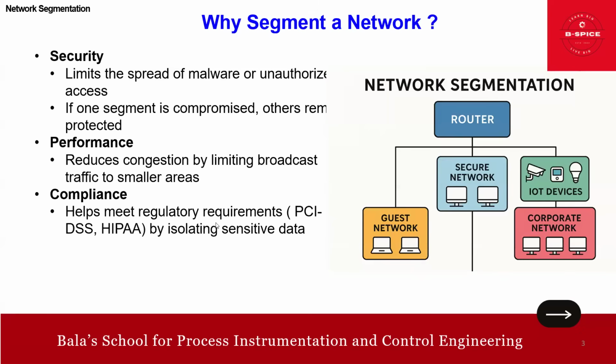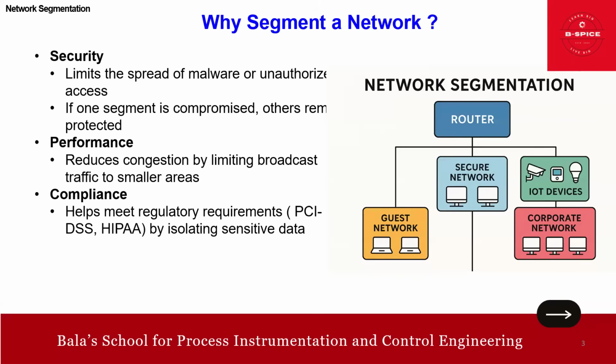When we talk about regulatory requirements, there are two I listed here. We are not going to talk in detail, but we'll touch upon what PCI DSS is. PCI DSS is the Payment Card Industry Data Security Standard, a set of security standards designed to protect cardholder data. And we have HIPAA, the Health Insurance Portability and Accountability Act.